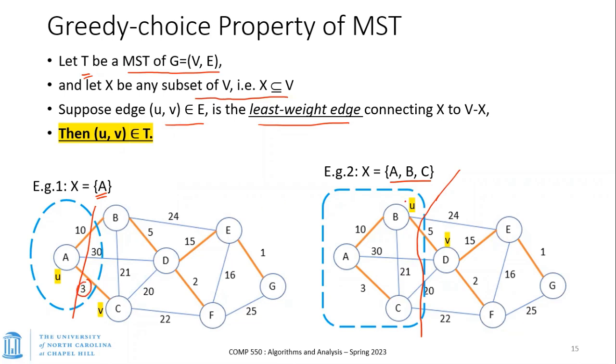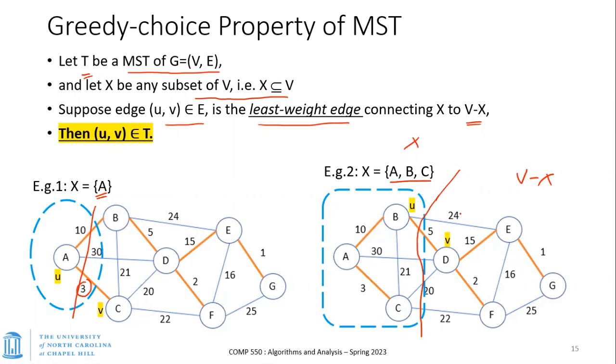Now if you take a look at a larger set of vertices X, which is A, B, and C, and you look at the cut connecting it to the rest of the graph, which is V minus X, this is V minus X, this is X. Looking at the cut over here, the following edges are crossing that cut.